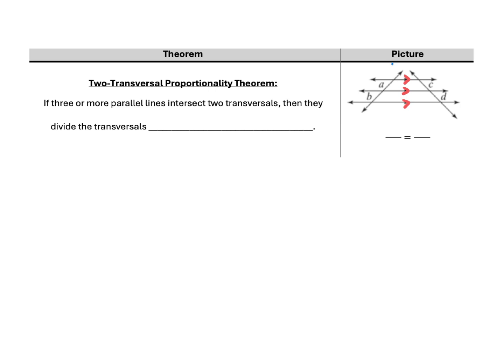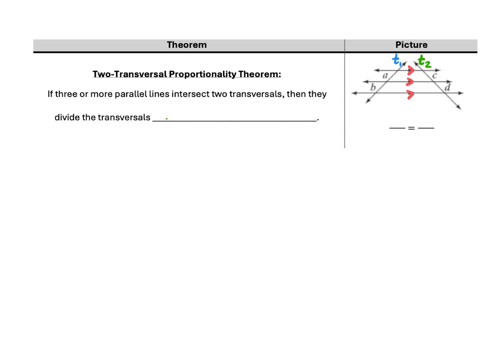So this is transversal 1, and a second transversal that we have is this one. So there's 2 transversals. This theorem tells us that if 3 or more parallel lines intersect 2 transversals, then they divide the transversals proportionally, which again means in the same ratio.